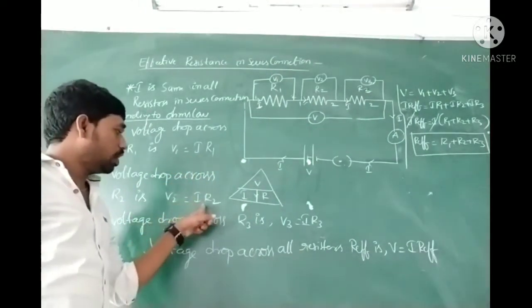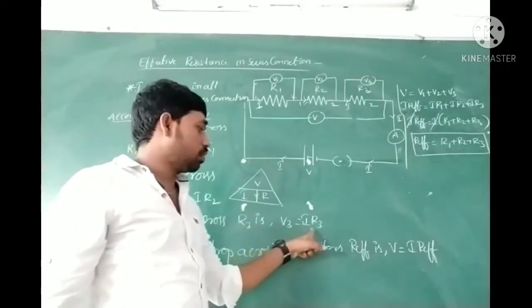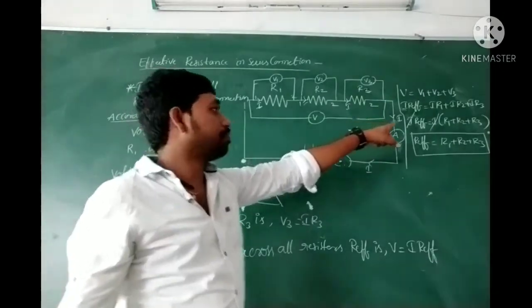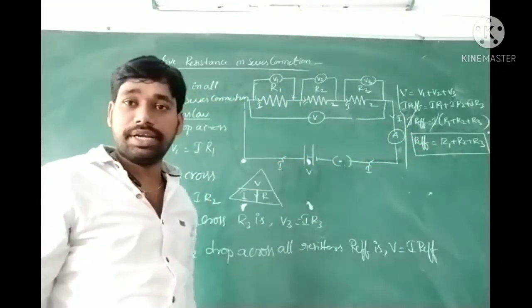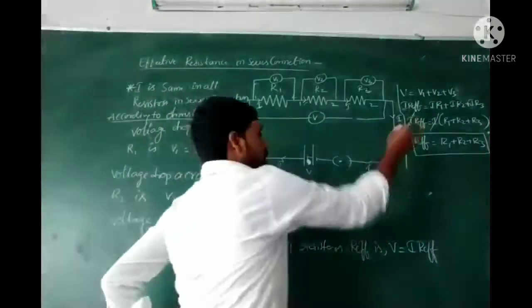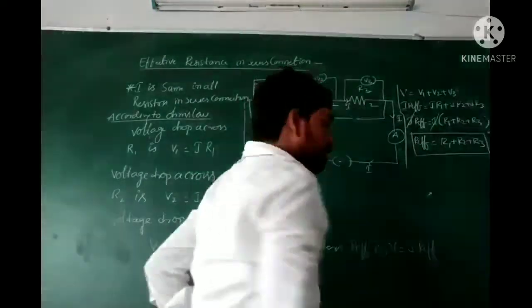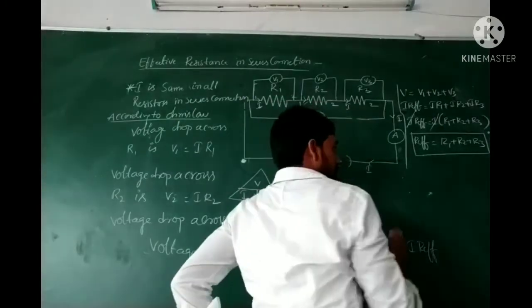Here V2 is equal to I into R2, V3 is equal to I into R3. I substituted those over there, and at last the current on the left hand side and right hand side is similar, so it is cancelled out, and the total effective resistance we got is R effective is equal to R1 plus R2 plus R3.